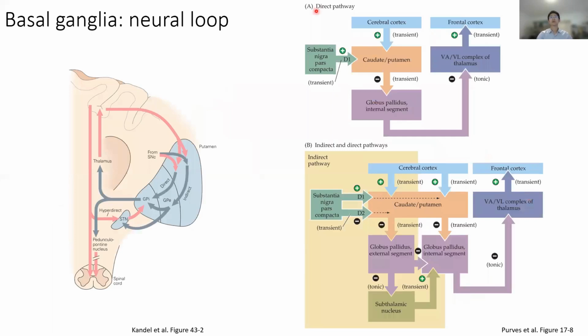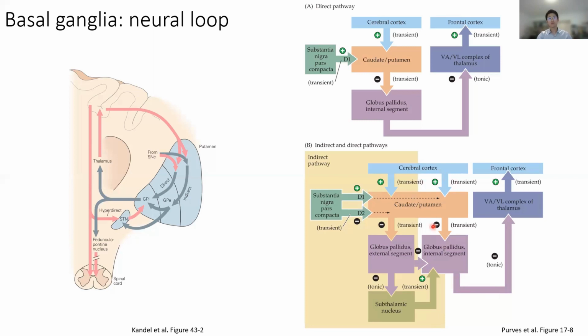So here is basically just a replot or reorganization of these different structures. So here's the direct pathway from cortex and back to the cortex, which is plus minus minus plus, which is excitatory. And we have this indirect pathway through the subthalamic nucleus, which is, if we just count the minus plus, inhibitory.